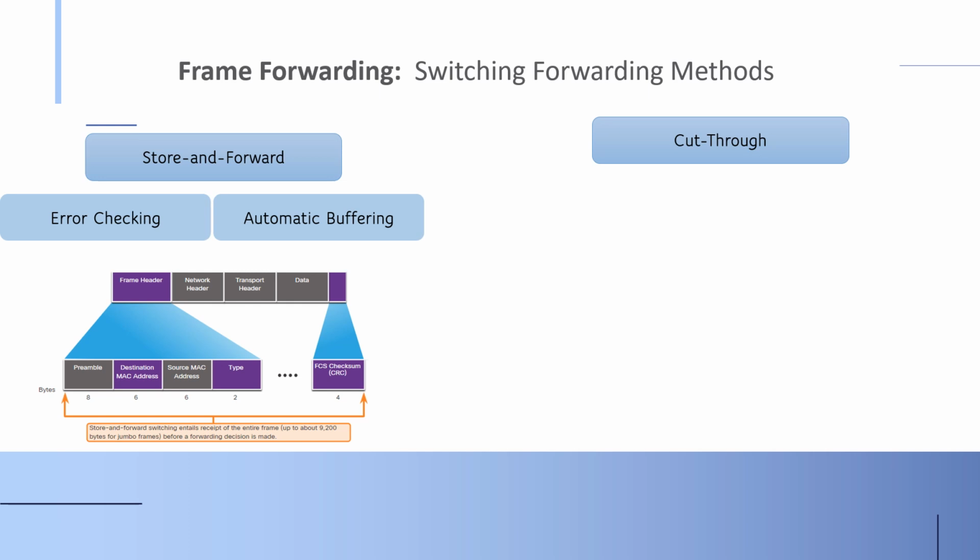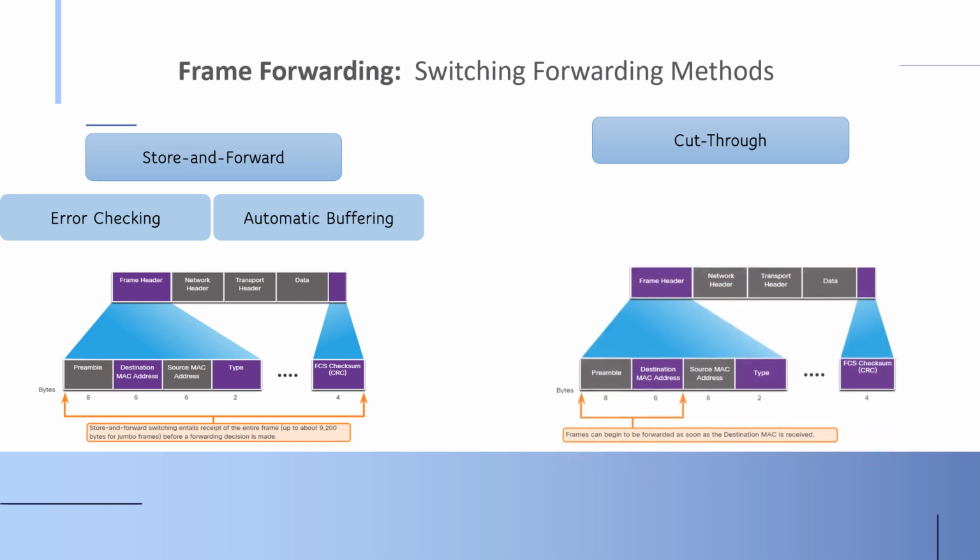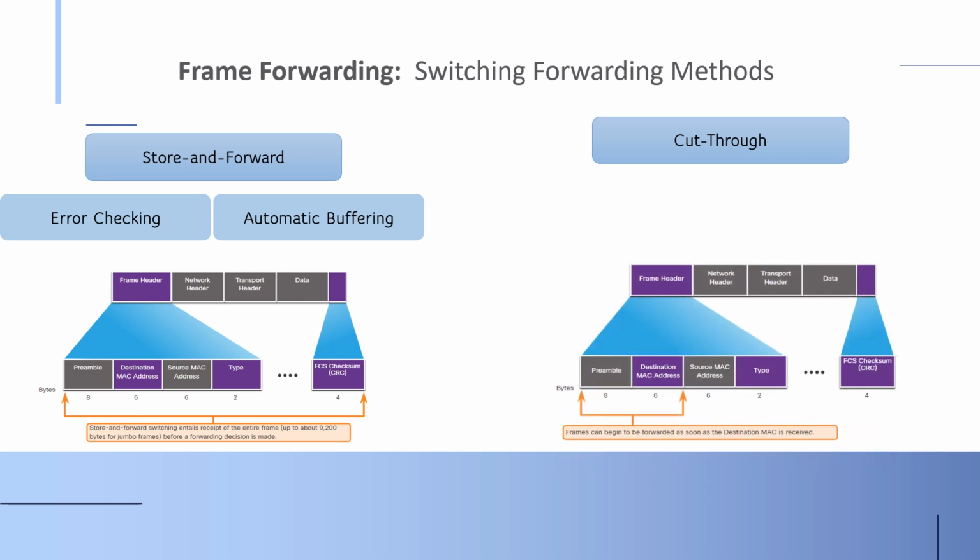Therefore, cut-through switching has the ability to perform rapid frame switching. This means that the switch can make a forwarding decision as soon as it has looked up the destination MAC address of the frame in its MAC address table, as shown here in this figure. The switch does not have to wait for the rest of the frame to enter the ingress port before making its forwarding decision.